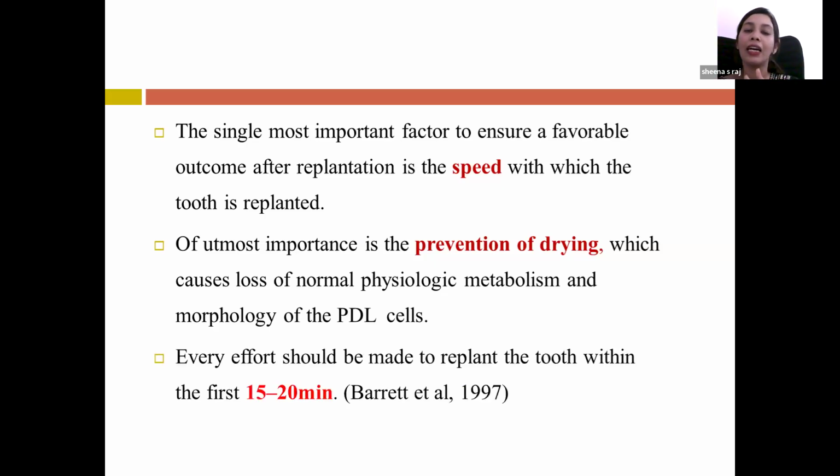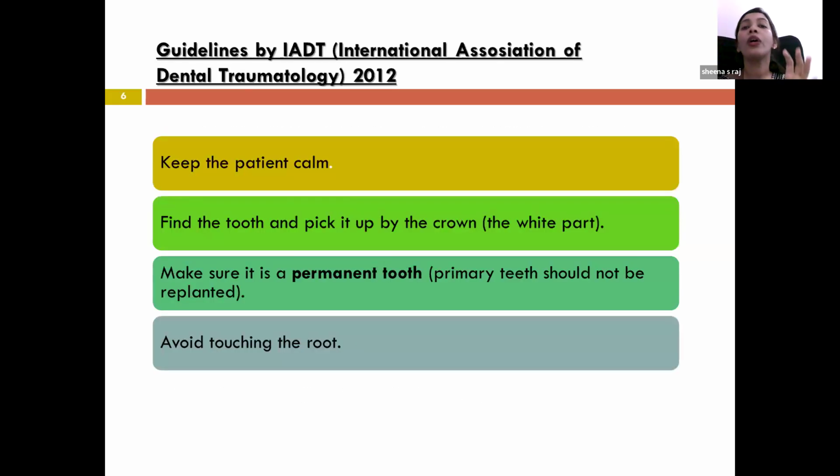And it is very important that every effort should be made to replant the tooth within 15 to 20 minutes. That is the time till which the PDL can have a full-fledged action. So whenever you write a question or an answer on fracture, always try to write this term, International Association of Dental Traumatology.